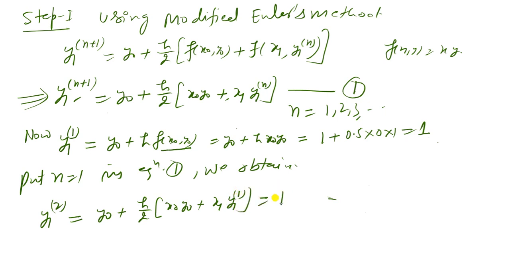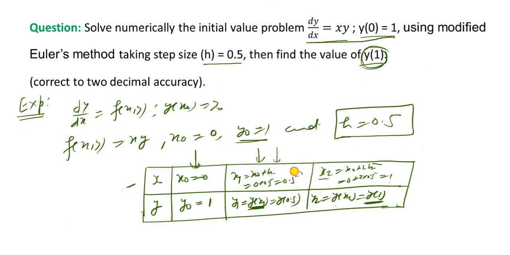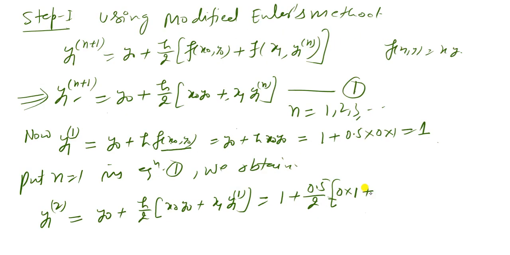That is, y0 is 1, h is 0.5 upon 2, x0 is 0, y0 is 1, x1 is 0.5 into y1 1, and y1 1 we computed as 1. Simplify this with the help of the calculator, then we obtain the value 1.13.